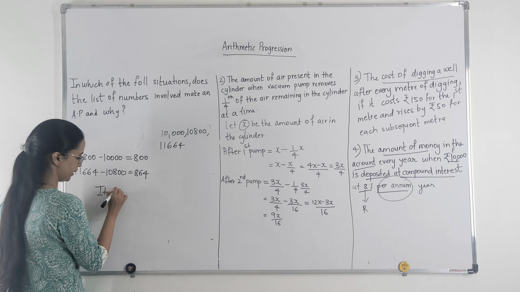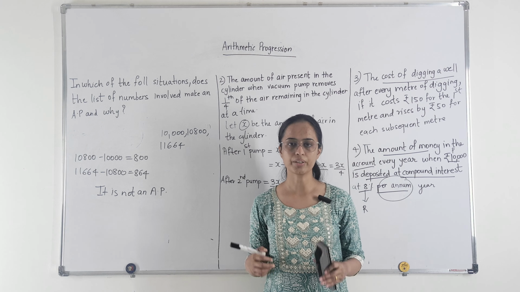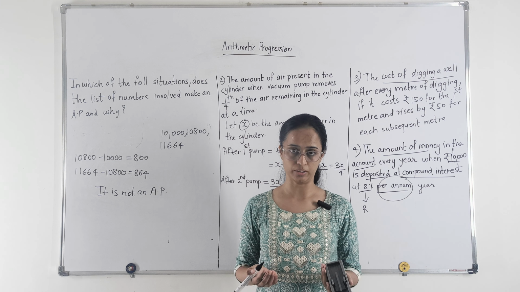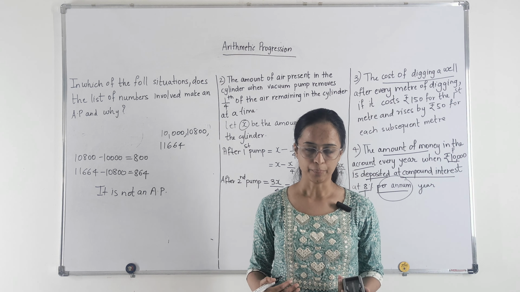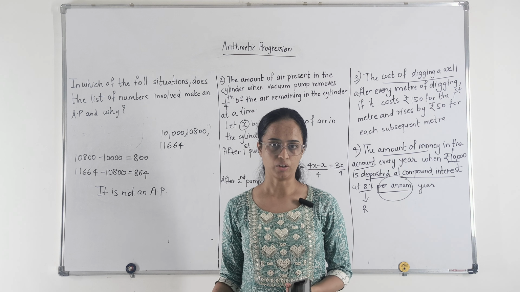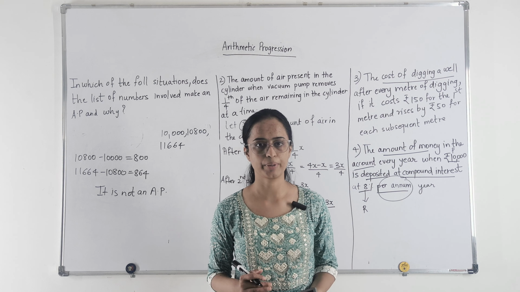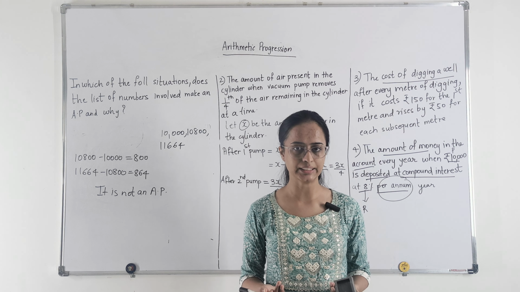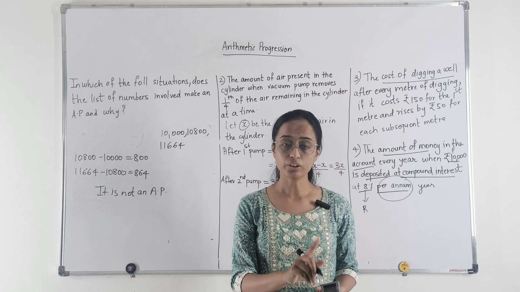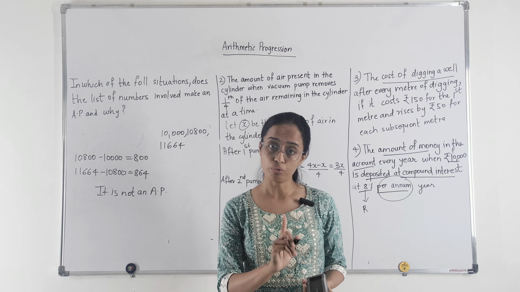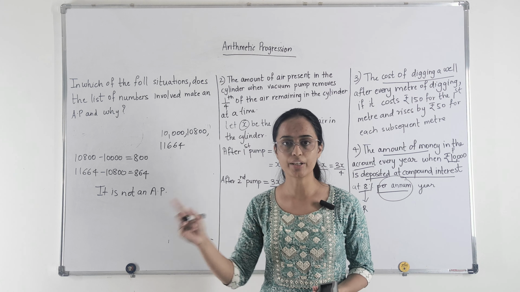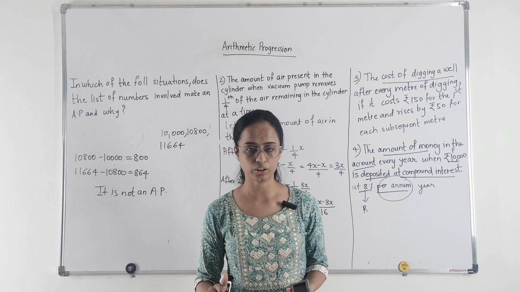So students, in today's class we actually tried to identify whether, depending upon the given situation, the sequence that we get is an arithmetic progression or not. The task here is not to identify whether it is an arithmetic progression or not, because that is very easy. The task here is first to form the sequence, and then verify whether it is an arithmetic progression or not.